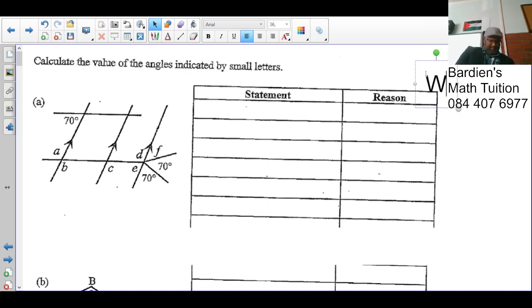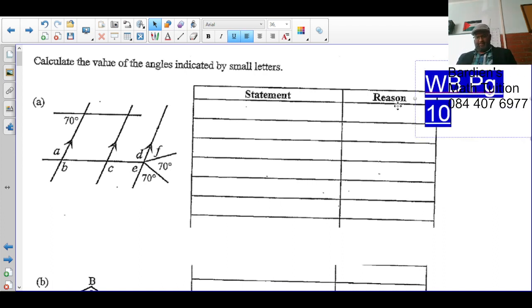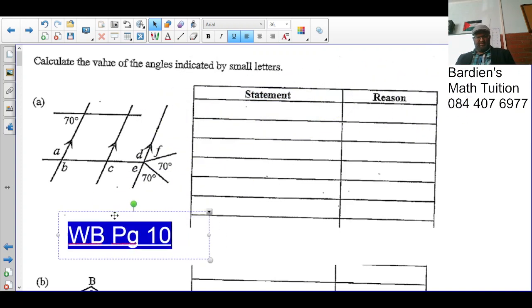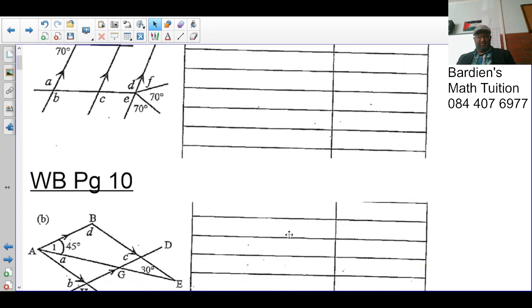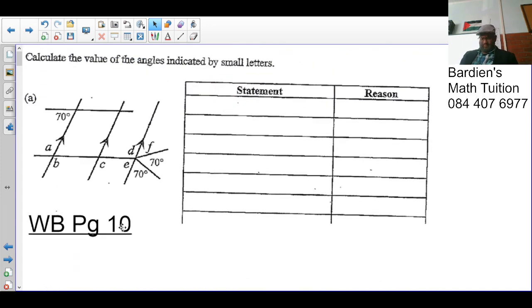Okay, this is page 10. Okay, can we answer the first question?